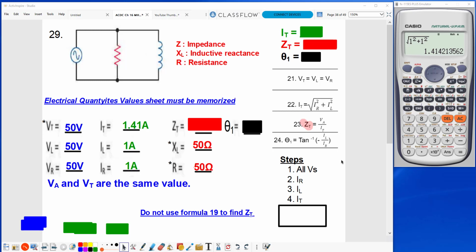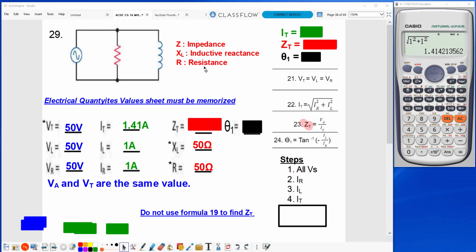Look closely right here. You'll see that Z stands for impedance. XL stands for inductive reactance. And R stands for resistance.